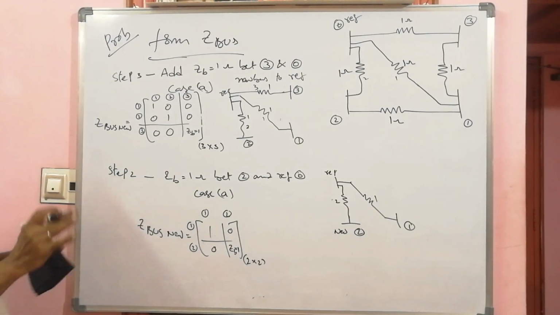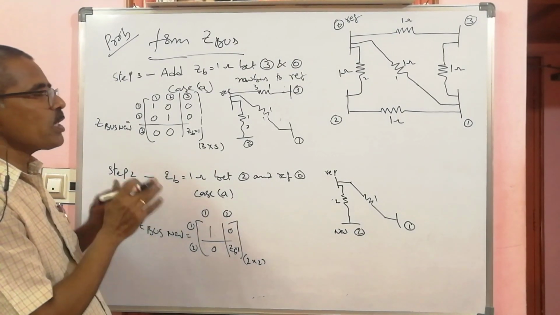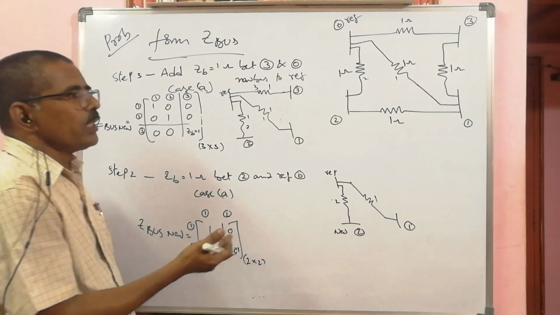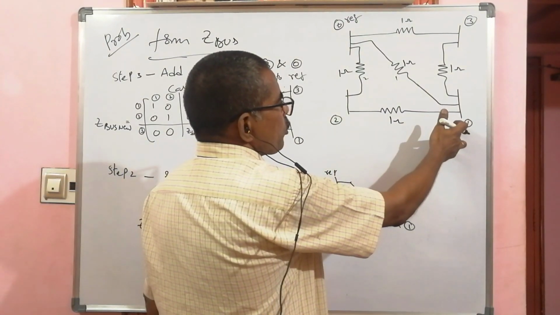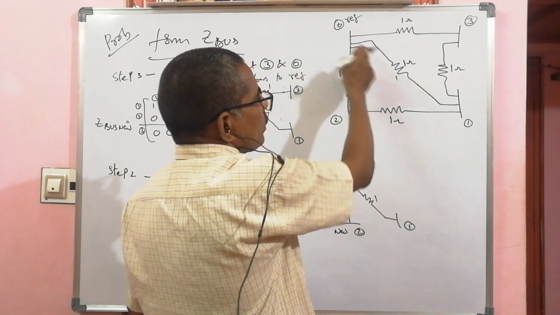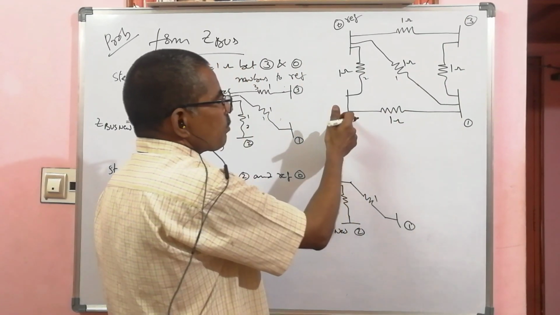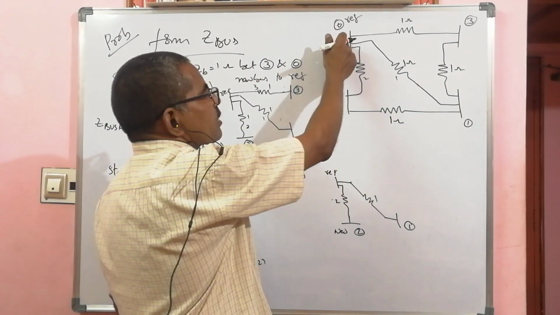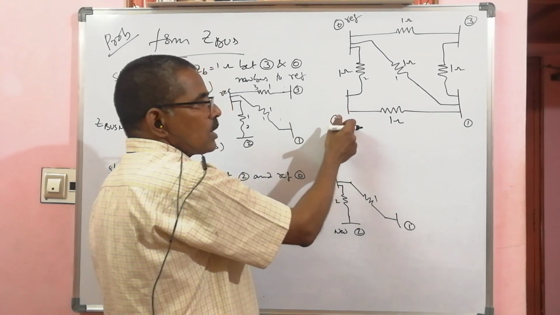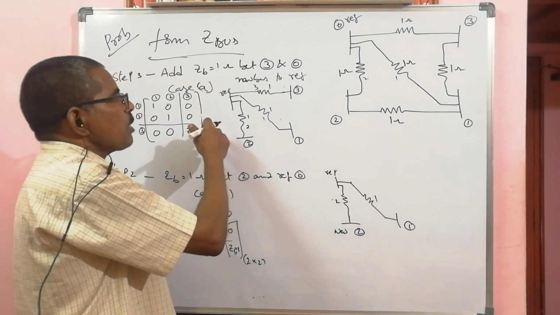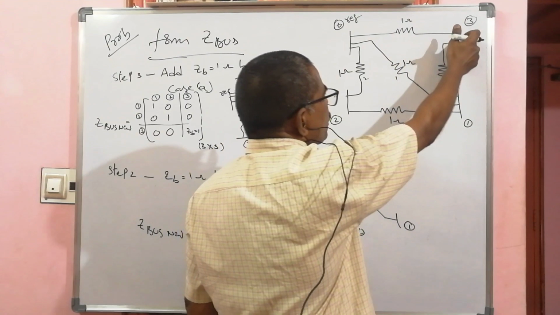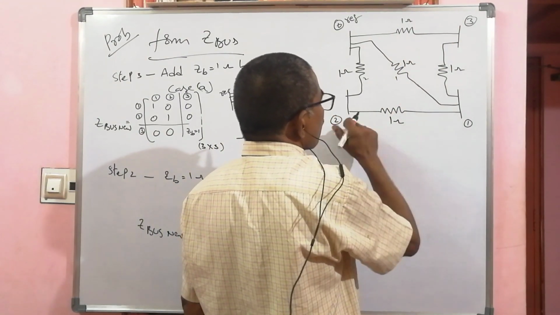So case A, step 1, step 2, step 3. What I did is in first step I added a new bus to the reference with 1 ohm. Second step, second bus to reference. Again second bus is new there. Third step again I added third bus which is new to the existing 1 and 2 buses.